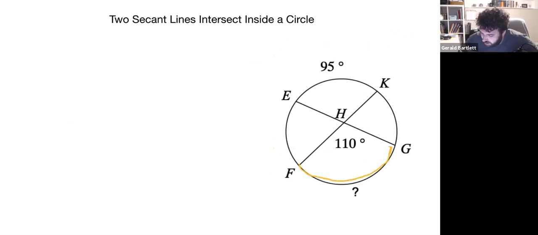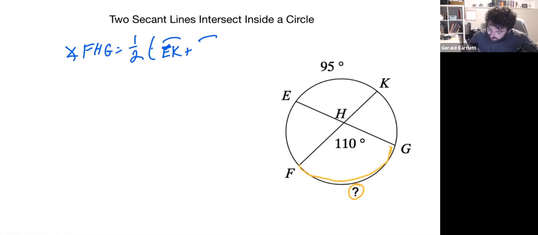This is the arc we're trying to find, this FG out here. And based on our formula work, we have the idea that angle FHG is going to be equal to half, or the average of the sum of arc EK plus arc FG.